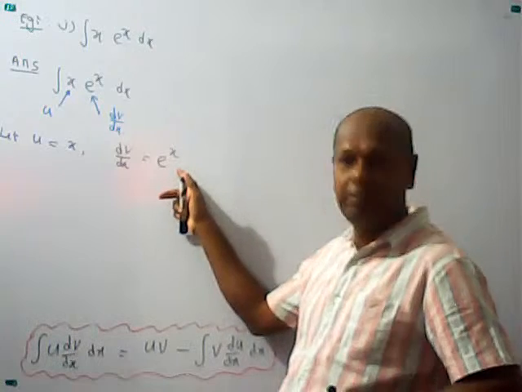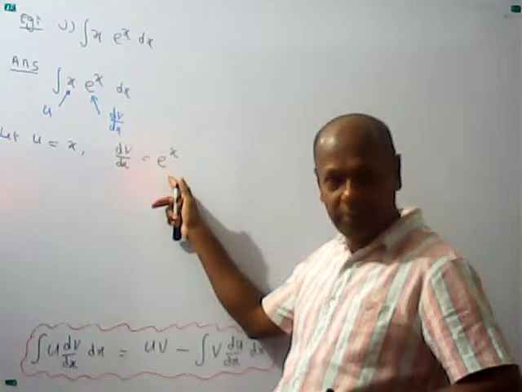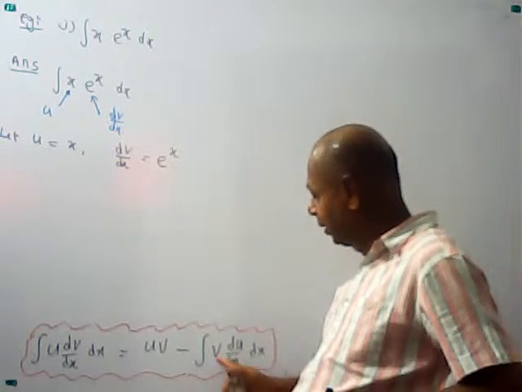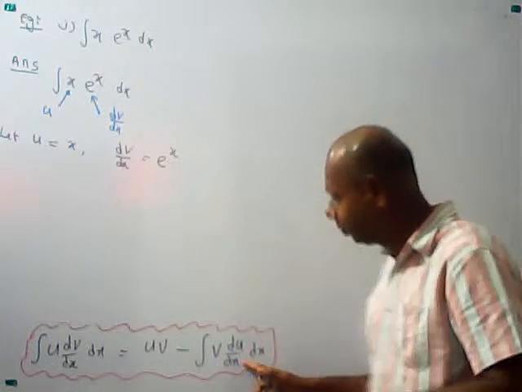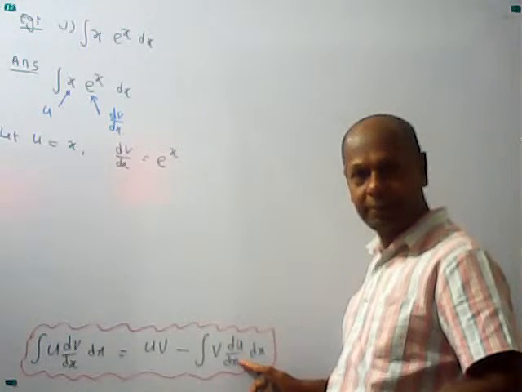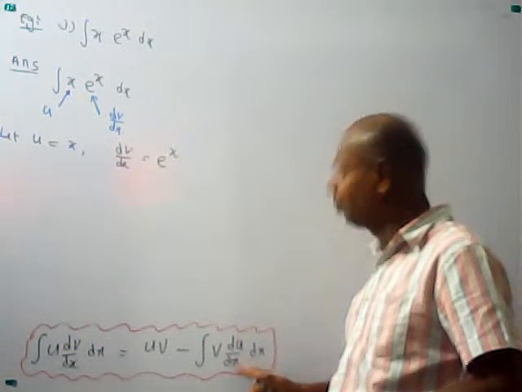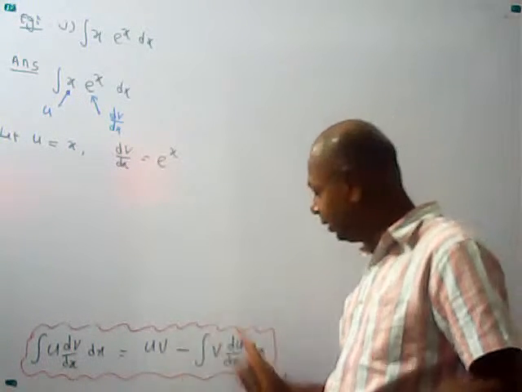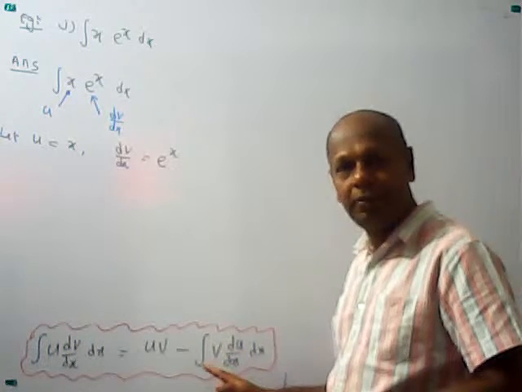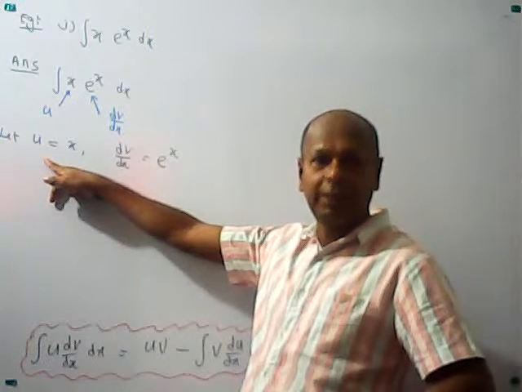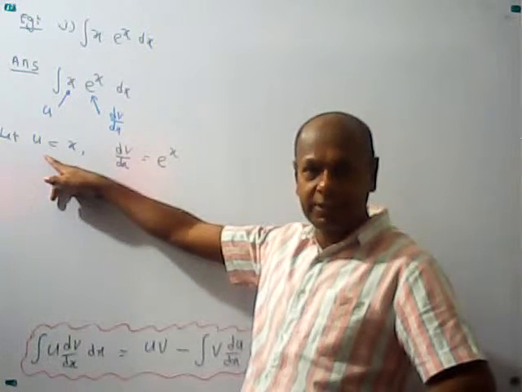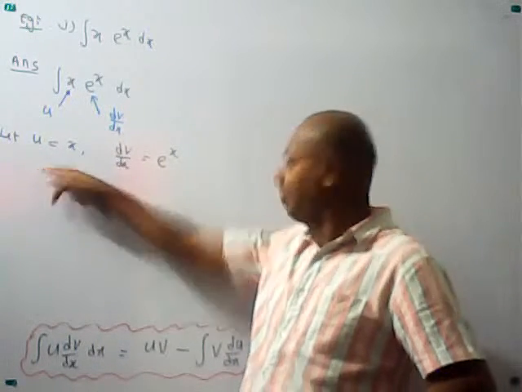Instead, we have dv by dx. We have to find v from this. Also we need du by dx, which means the derivative of this. So we have to differentiate this and find du by dx.